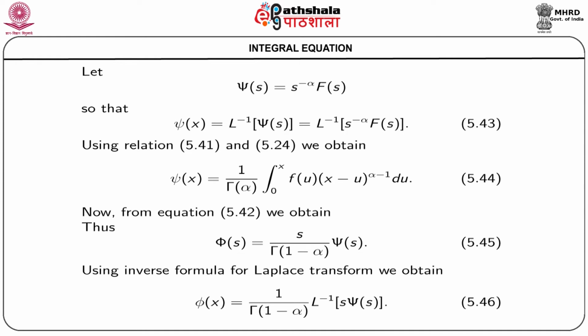We take capital Psi s equal to s to the power minus alpha capital F s, and capital Psi s is the Laplace transform of a certain function, say small psi x. So small psi x is given by the Laplace inverse of capital Psi s, that is, the Laplace inverse of s to the power minus alpha into F s.